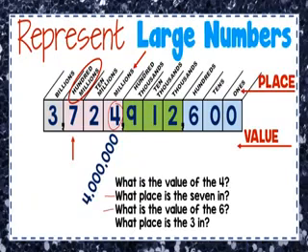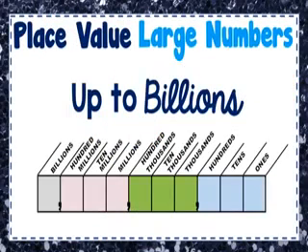What is the value of 6 in this place value chart? As you can see, 6 is at the hundreds place. So the value of 6 is going to be 600. Last, what place is the 3 in? Just have a look, 3 is in the billions place. So 3 is at the billions place.